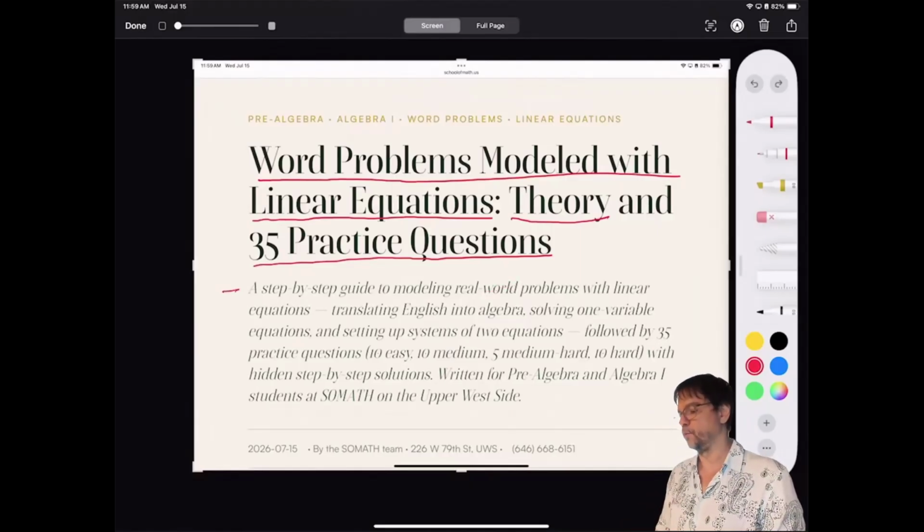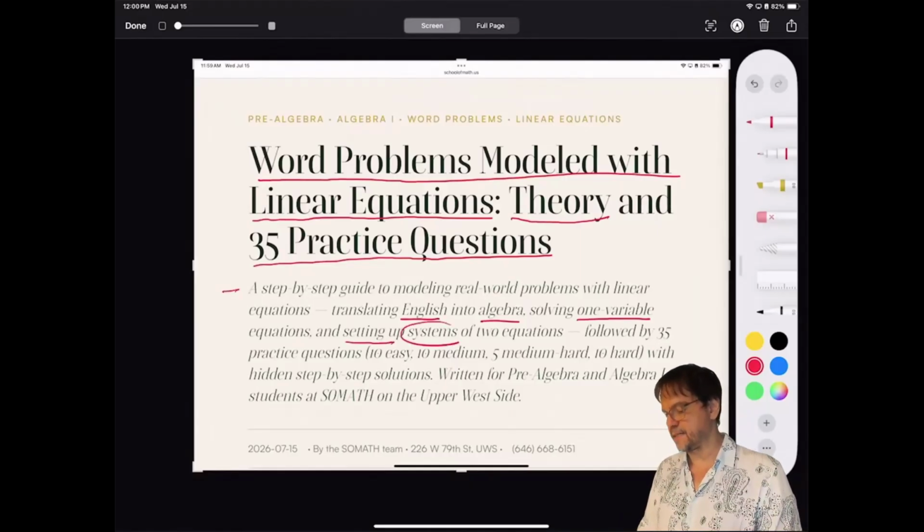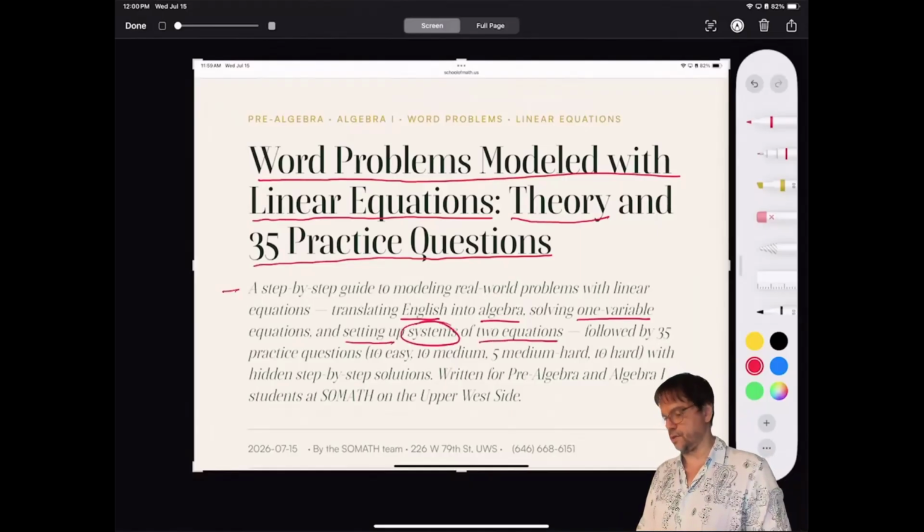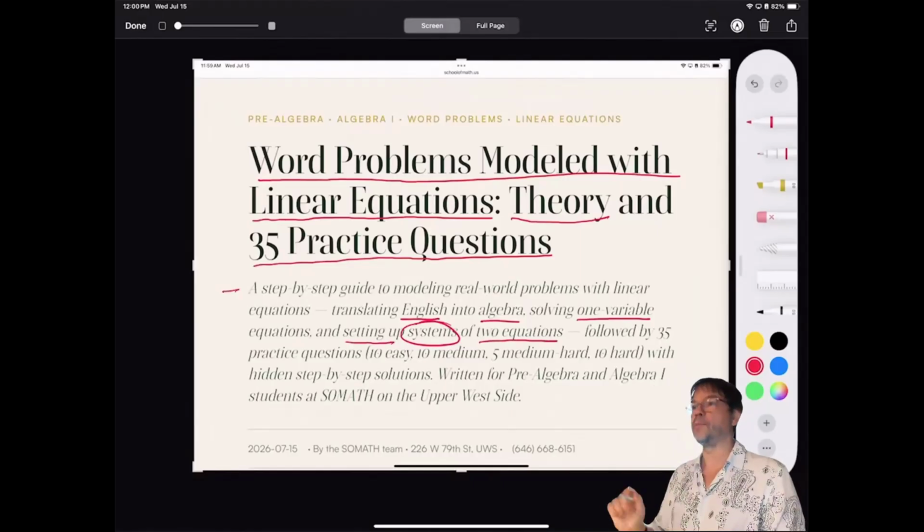or word problems with linear equations: translating English into algebra, solving one-variable equations, and setting up a system of two equations is what we're going to do today.